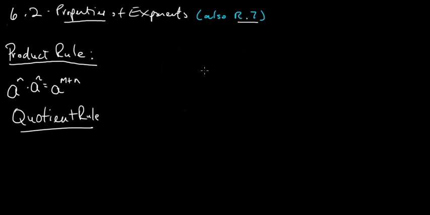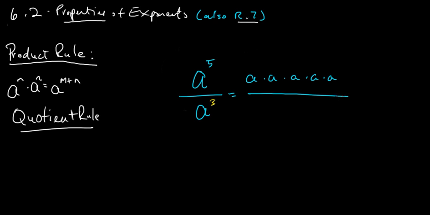So according to the quotient rule, if I have a number a, and let's say I'm raising that to the fifth power, and I want to divide that by the same number a, and this time I want to raise it to the third power, well, that would be the same thing as saying a times a times a times a times a, that's 5 of them, divided by a to the third power, which is a times a times a.